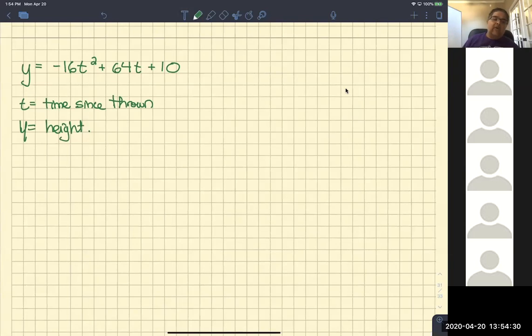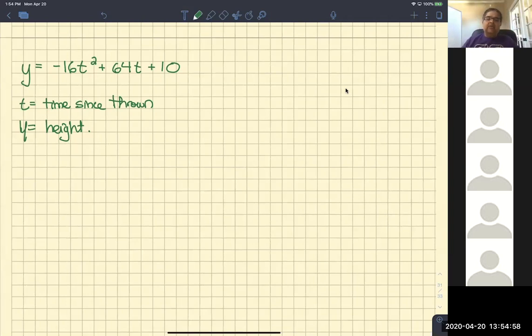And we want to know what the maximum height of this ball is going to be. So imagine it's a football, you throw it, and it's modeled by this equation, and you want to know what's the highest point the ball is going to reach. What's the maximum height of the ball? And you also want to know how many seconds after you threw it will it reach its maximum height.